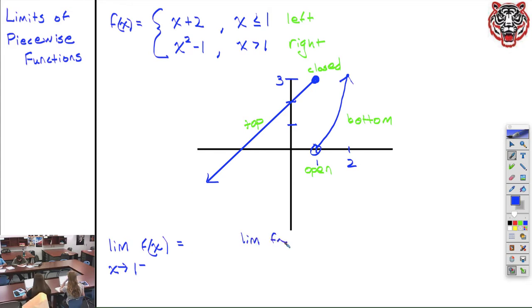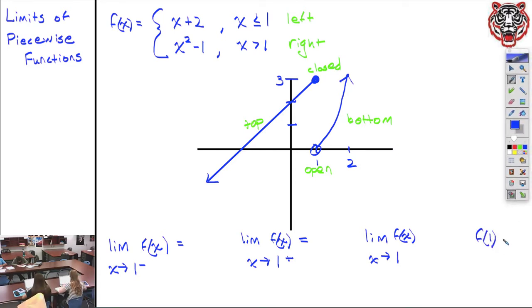Limit of f of x as x approaches 1 from the right. And the limit of f of x as x approaches 1 from both sides. And finally, what is f of 1? So there's really 4 questions, not 3. Take some time now to answer those questions.